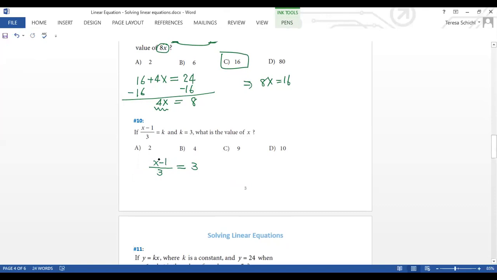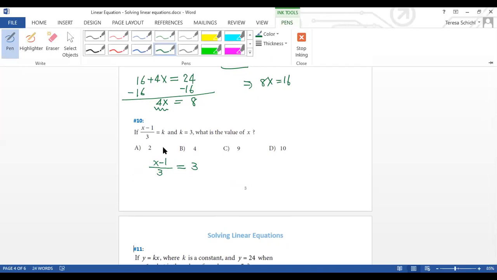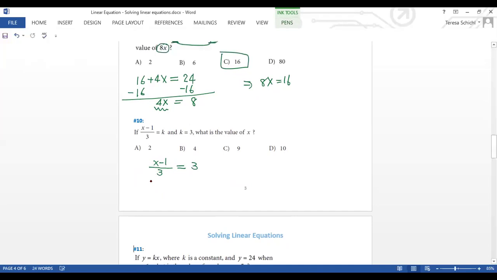Now I want to solve for x. This is similar to the previous problems we talked about on how to simplify and get rid of the fractions. This is a 3, so I need to multiply by 3. You cannot just multiply by 3 on one side, you need to multiply by 3 on the other side too. Now I can see the 3 and the 3 cancel, so I get x minus 1 is equal to 9, so x equals 10.